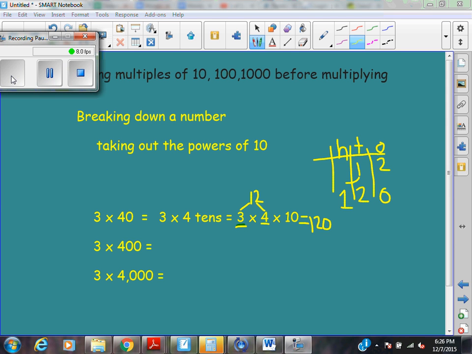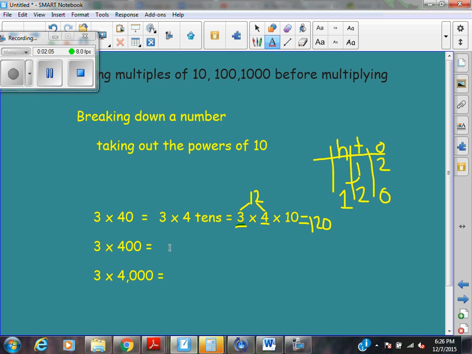So then if I have 3 times 400, it would be the same as saying 3 times 4 hundreds. Now we know from powers of 10 that hundreds is just 10 times 10, 2 times. So I could also write 3 times 4 times 10 times 10.